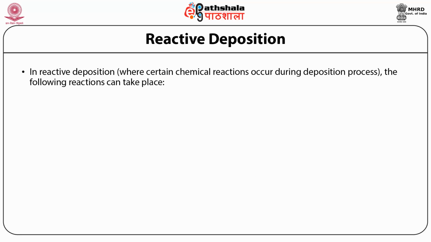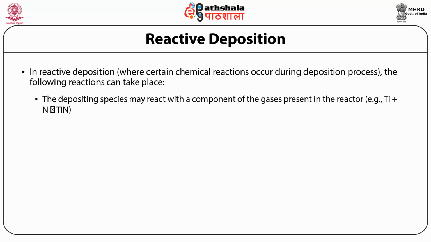In reactive deposition, where certain chemical reactions occur during the deposition process, the following reactions can take place. First, the depositing species may react with a component of the gases present in the reactor. Example, titanium plus nitrogen on chemical reaction will give titanium nitride.